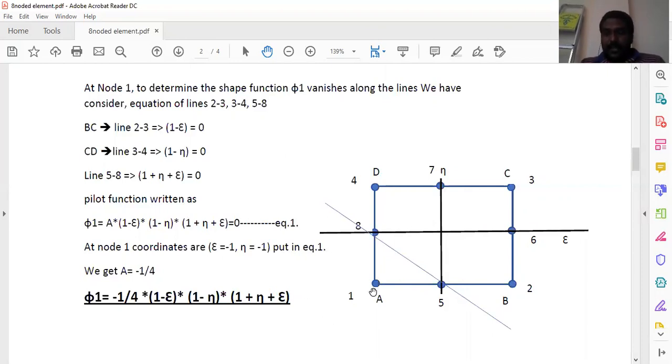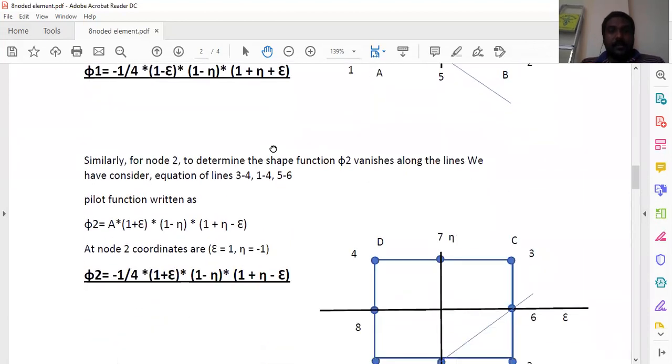Like here we are calculating the shape function at node 1, and we are considering 2, 3. Here all 3 nodes are covered in this line. From the 3, 4 equation line, these 3 nodes are covered, and from the 5, 8 line, these two nodes are covered. Means all the nodes are covered except node 1.